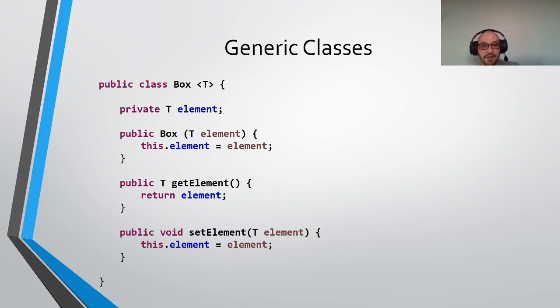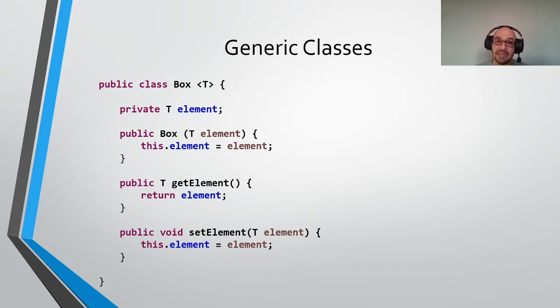So on the slide, we have an example of a generic Box. And I put that in your sample code, the pre-class code that you have up on Moodle. So in this box, I have an element and I haven't defined what is the type of the box. I've just said that this box will work with a generic type T. Now, does it have to be a T?